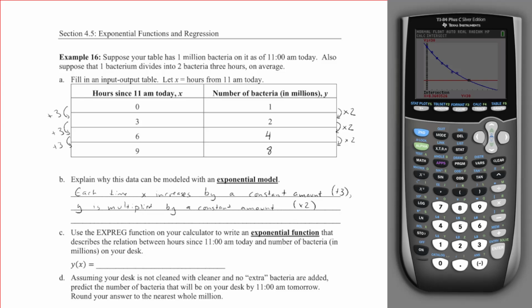Times 2 in this case. We can tell that this is exponential, but the multiplier is not 2. Why? Because x is not increasing by 1.